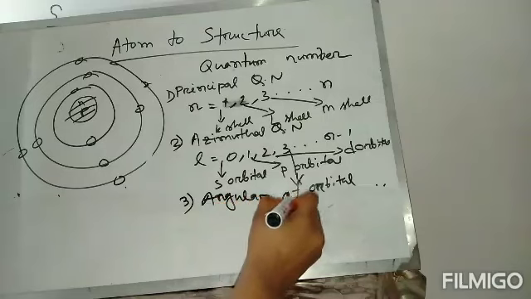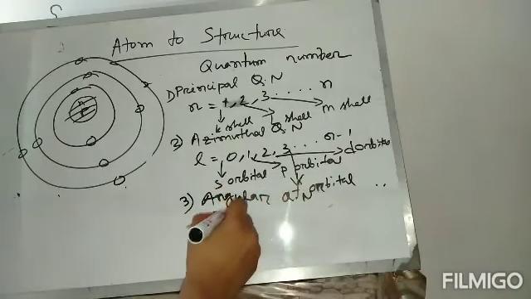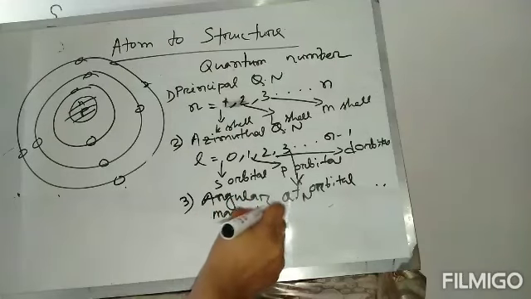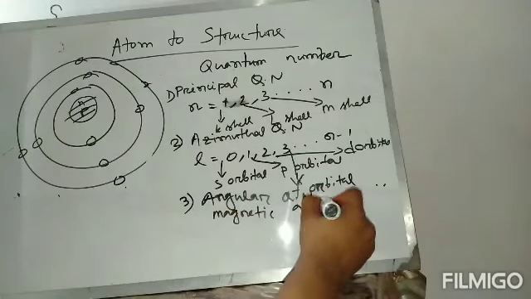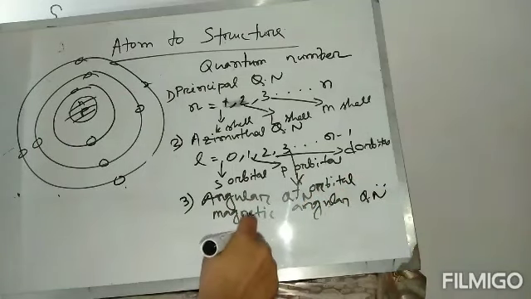Angular quantum number, and it will be in two parts. One is the magnetic angular quantum number, and another is the spin angular quantum number.